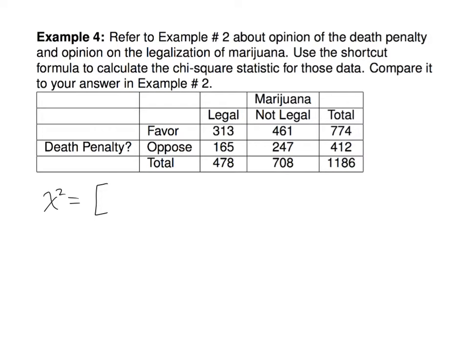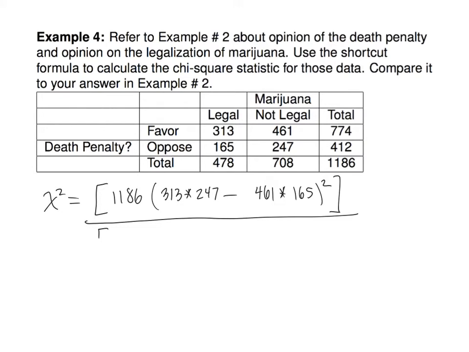So what is that for this one? 1186, and then times AD, so that's (247 times 461 minus 165 times ...) squared, all over 478, 708, 412, and 774.